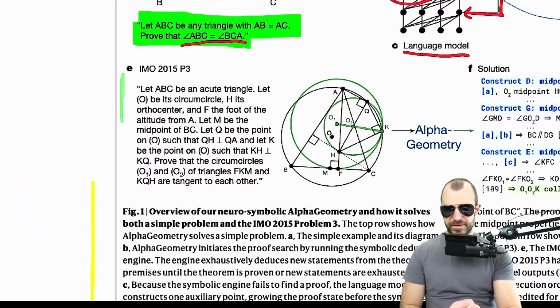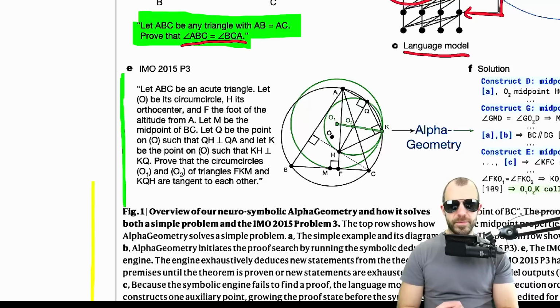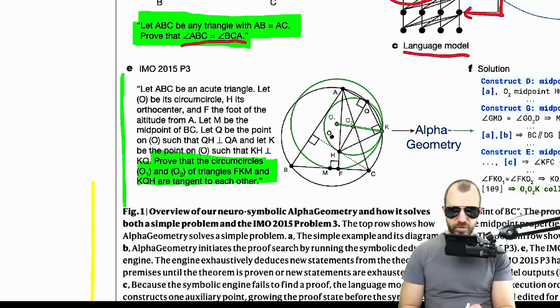So this over here is the problem statement. You can see it's quite a bit longer than the sample problem statement we started with. Ultimately, you are required to prove that the circumcircles O1 and O2, which are in green here, of the triangles FKM and KQH, well, I don't even know where they are.